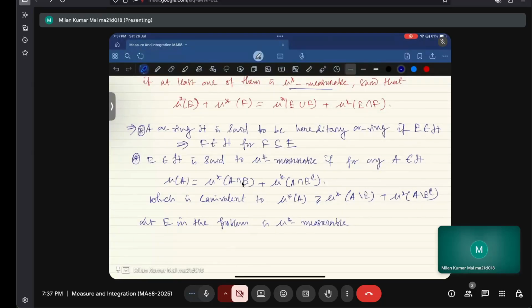Mu star F, mu star of F intersection E complementary.